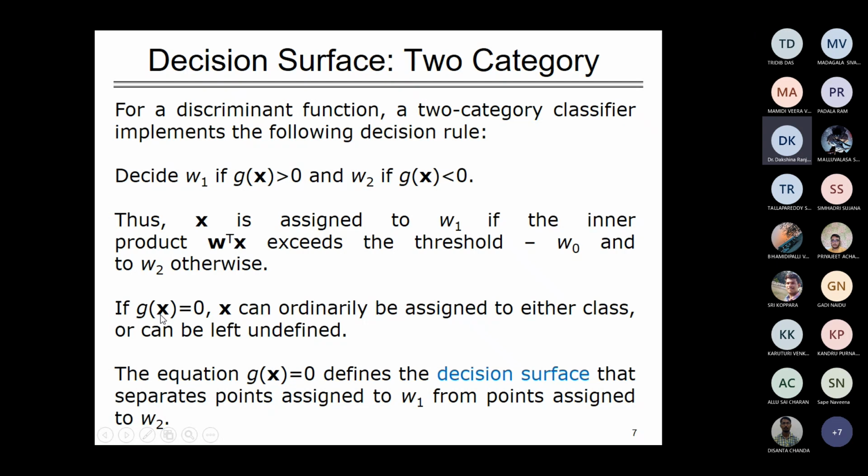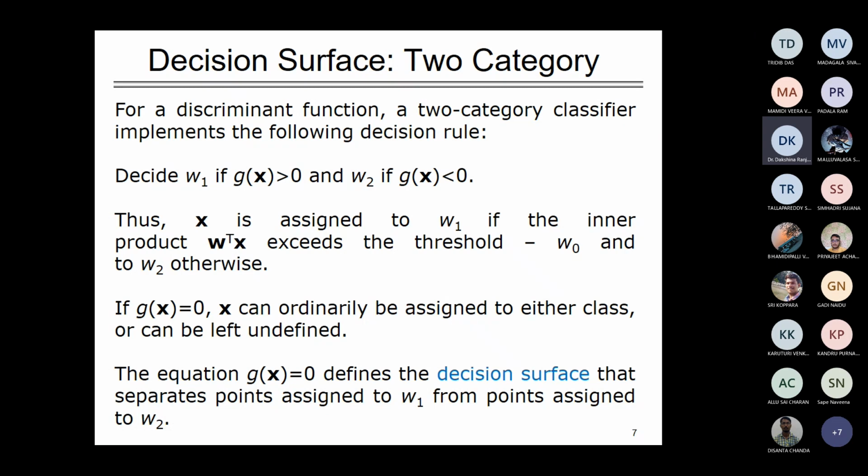Now what does it mean when we write g(x) equals 0? This equation g(x) equals 0 defines the decision surface, and this decision surface separates the points assigned to W1 from the points assigned to W2.